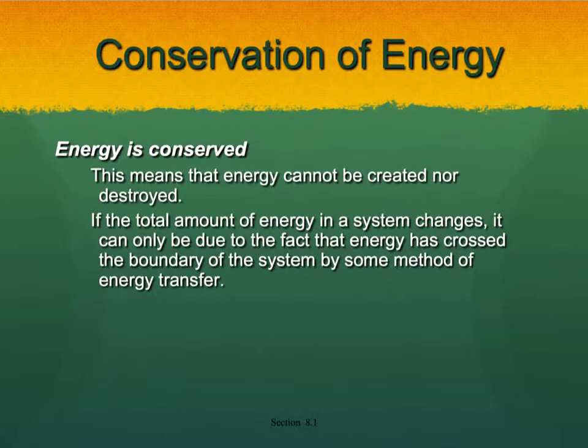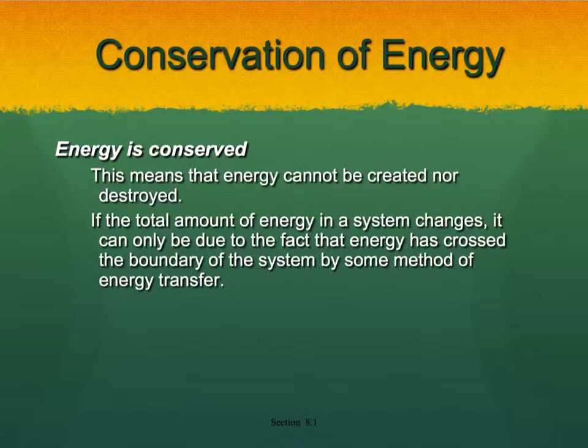So this leads us to the conservation of energy, and ultimately we're just saying that energy is conserved. So it means that energy cannot be created nor destroyed. Ultimately, if the total amount of energy in a system will change, it can only be due to the fact that we have some type of transfer of energy. So that means that we have some energy that's crossed the boundary of the system.